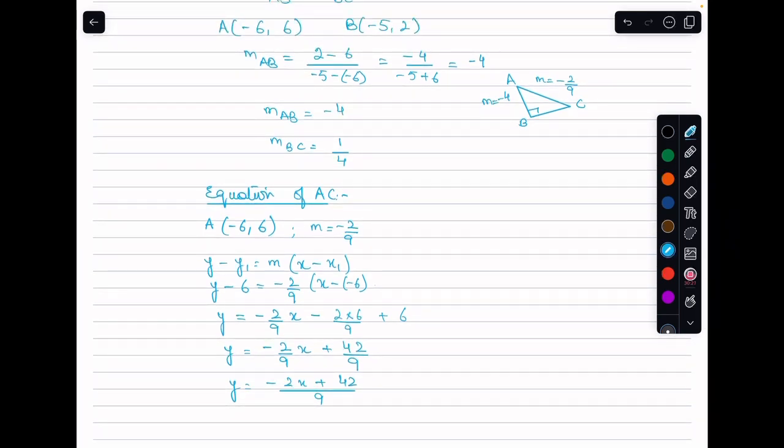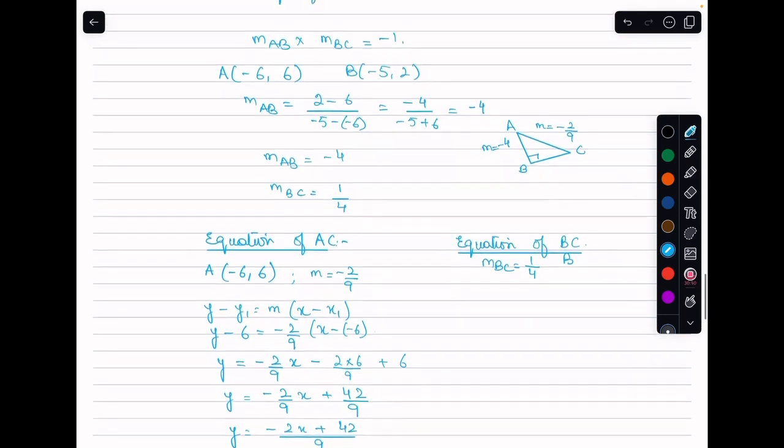C being the common point of AC and BC, I have to get the equation of AC, and then I need to have the equation of BC as well. So for the equation of BC, I got the gradient value, and this gradient value was 1 by 4. I do have the point B. This was given in the question, and the point B given is (-5, 2). Again, substituting in the line equation, y minus y1 equals the gradient of BC times x minus x1.